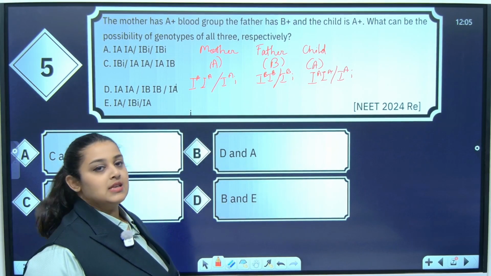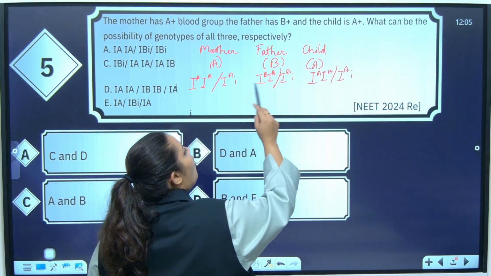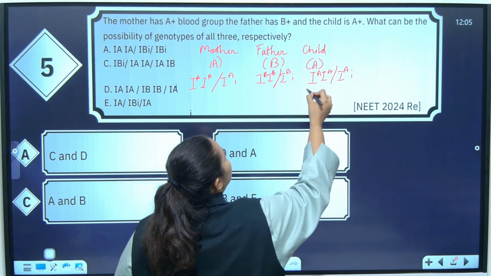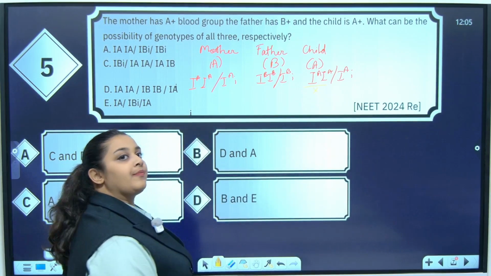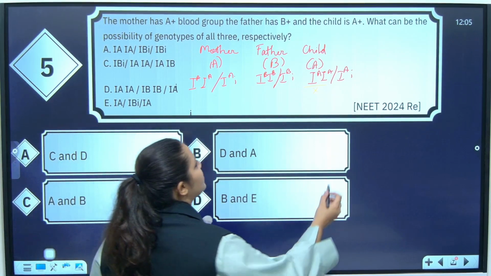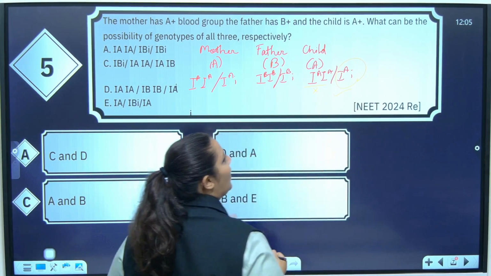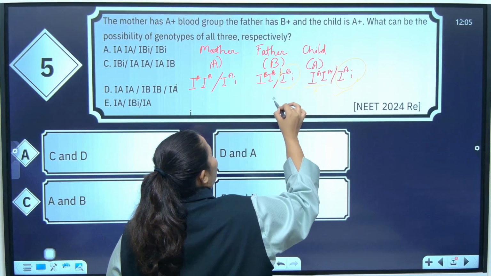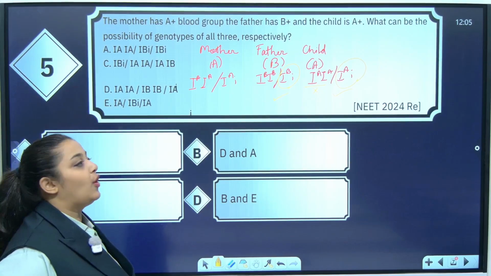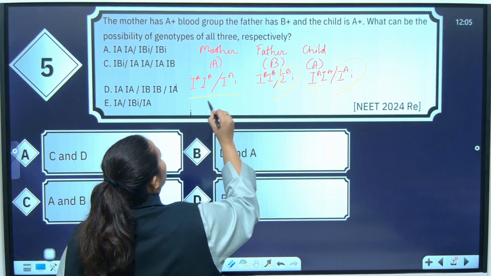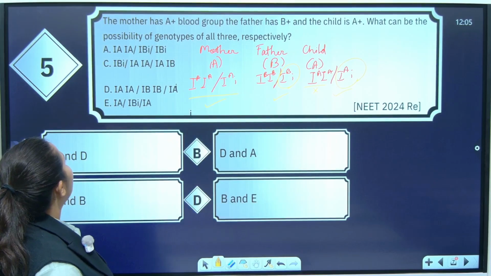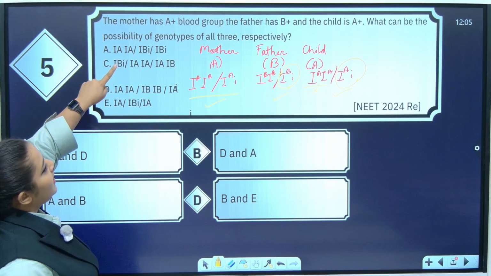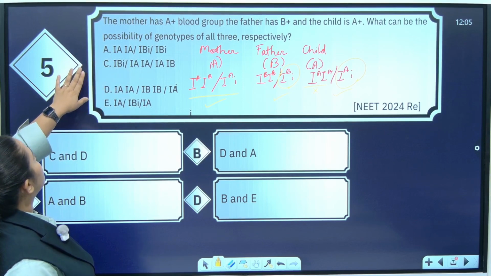Now, because the father has no IA for the child, this possibility is not possible. So for the child, which is the correct possibility? It is this one because it has got the small i from the father as well. So for the father, it becomes this one, and for the mother, it can be either of the two. Let's find out. IA, IBi, and IBi. No, that's incorrect.